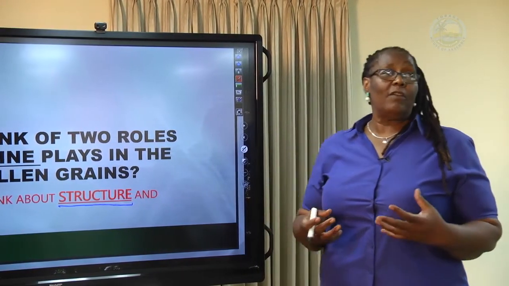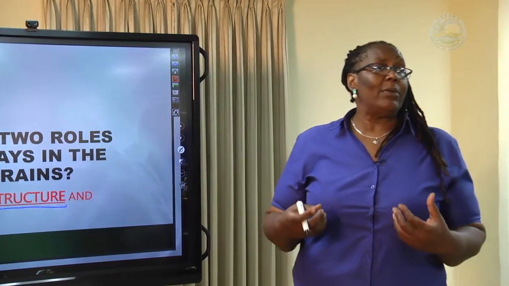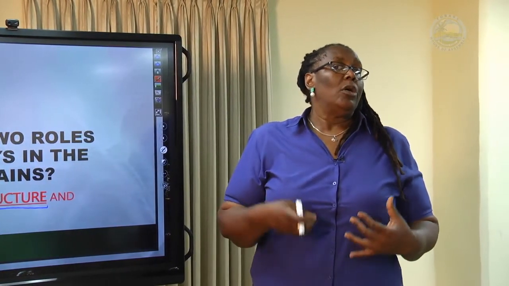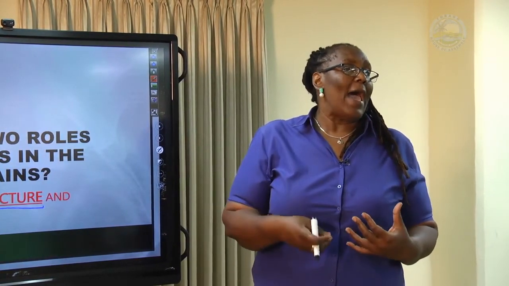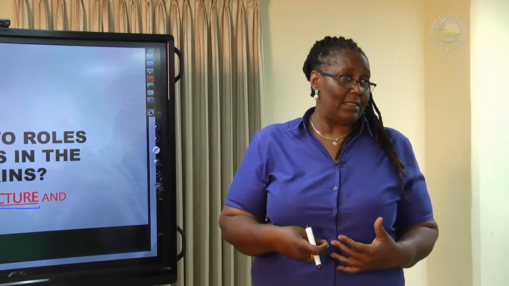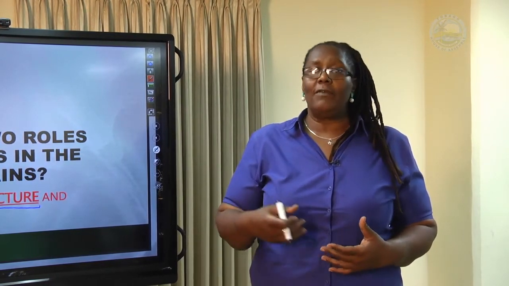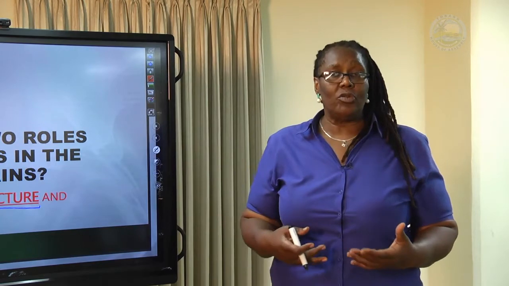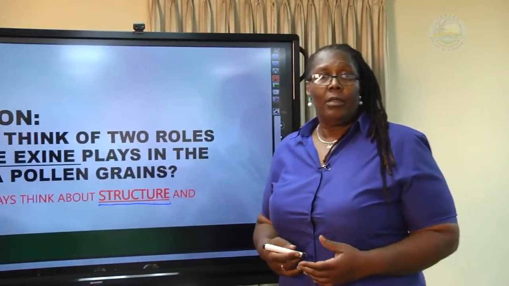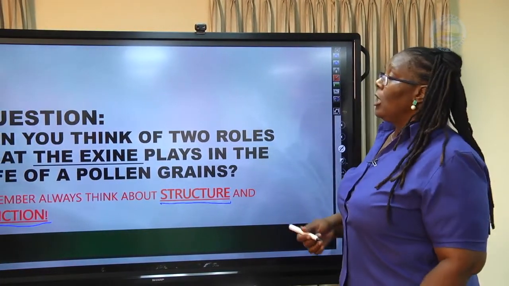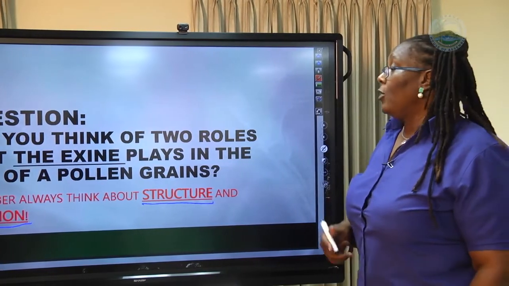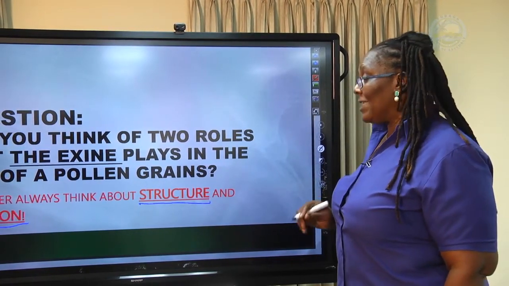What is the function of the kidney? Because there are times they will ask you to justify why the structure is as it is. What about the function of this part that has to allow it to work efficiently? Good? So, can you think of 2 roles that the exine plays?